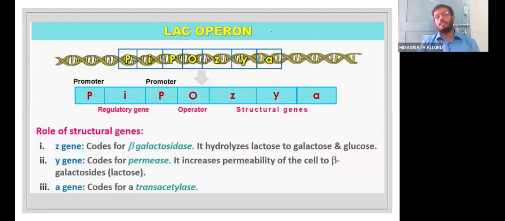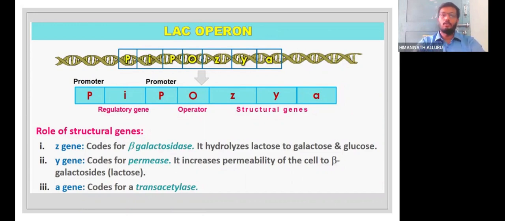The job of the enzyme, here students must understand, is that beta galactosidase will hydrolyze lactose into glucose and galactose. Now we need to again say to the children, if lactose is not available, what is the need of beta galactosidase? The Y gene codes for permease, which enhances the permeability of lactose into the cell.